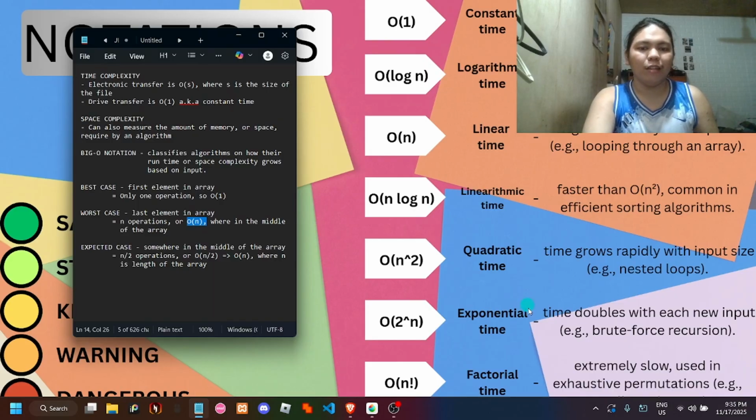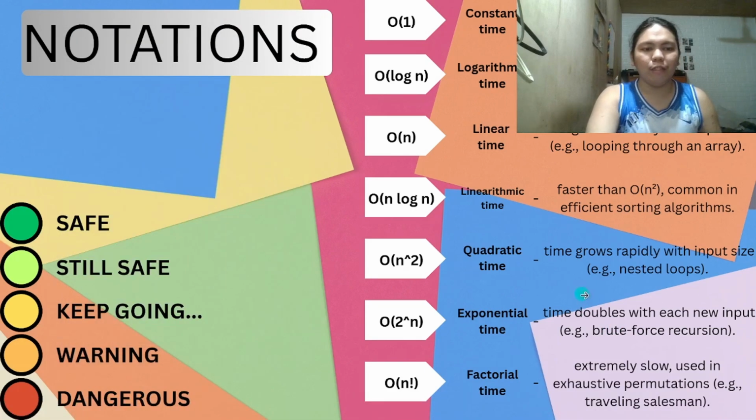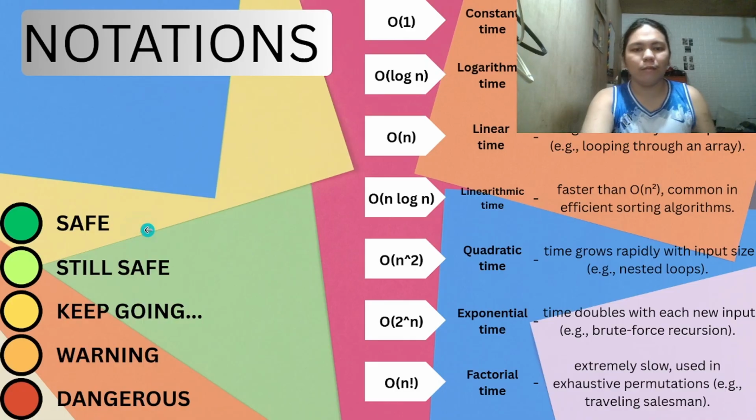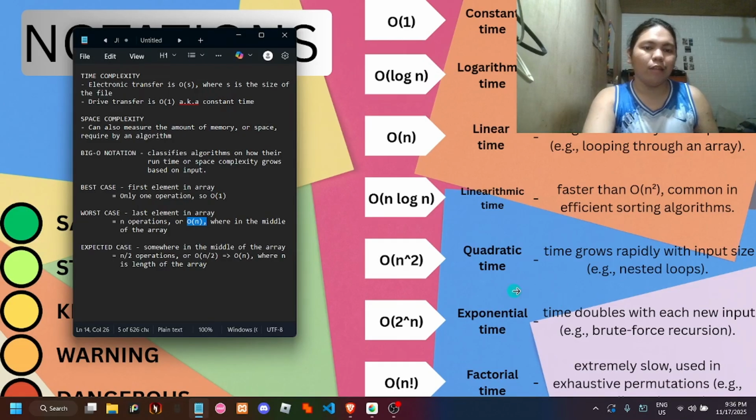Next is exponential time, which is much slower. Time doubles with each new input, like every time you type something or search for something, it will take more time.